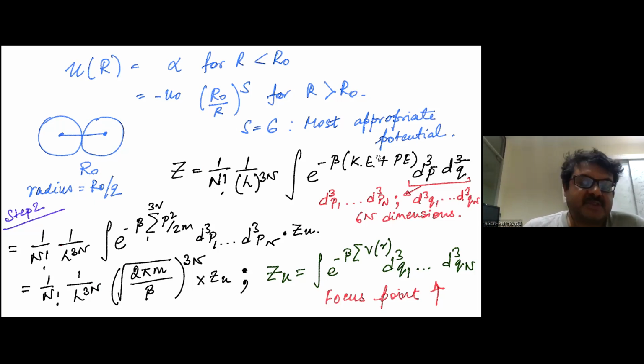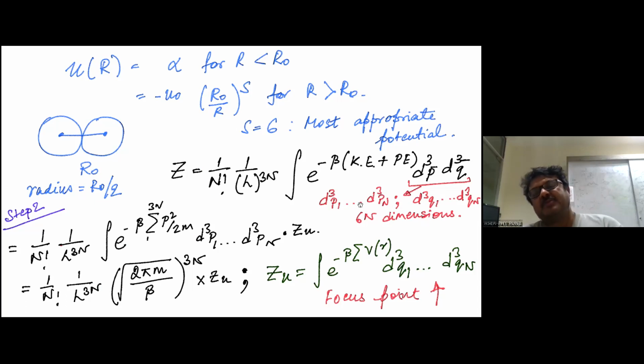But otherwise, we're just using the classical Hamiltonian, 1 upon h to the power 3n, and an integral over all the momentum coordinates and the position coordinates, x in three dimensions. Since this index is varying from 1 to n, where n is the total number of particles, I've written it as d3p1 to d3pn, and everything in between. I could as well have written it as dp1 to dp3n.